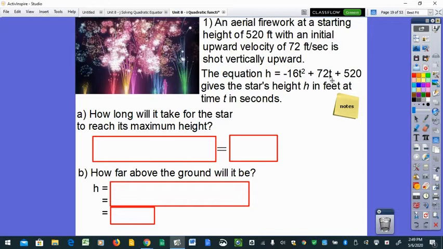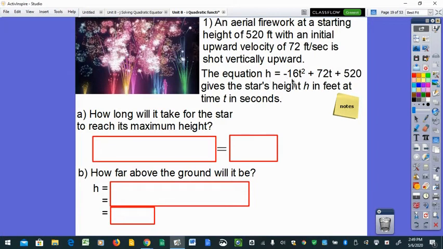So the t variable is time in seconds, and the h variable is height in feet. But I just want you to notice something before we go on. Do you see that 72 feet per second? Just notice that it happens to be the b. Did you notice that the 520 happens to be the c? And interestingly enough, I don't know where this negative 16 came from, but I just want your eye on that.